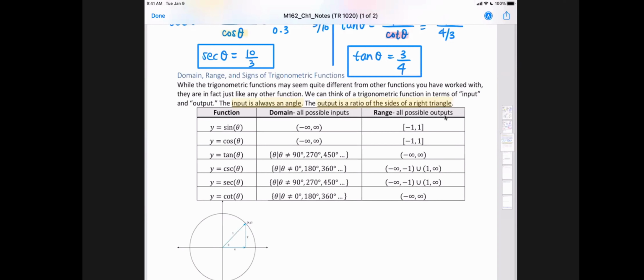But I can explain a little bit to make some sense of this. For sine and cosine functions, you can see that the domain and range are the same. The domain is all real numbers, that's negative infinity to infinity. The domain is all the possible inputs, and our inputs are angles, right?